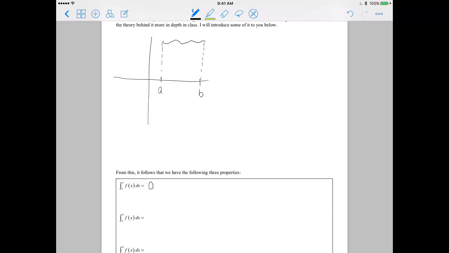Okay, the second property is what's called an additive property of definite integrals. What that basically means is that if I put a point in between a and b on here and call it c, then we have the area from a to c, which is right here, plus the area from c to b, which is right here, is really just equal to the entire area from a to b.